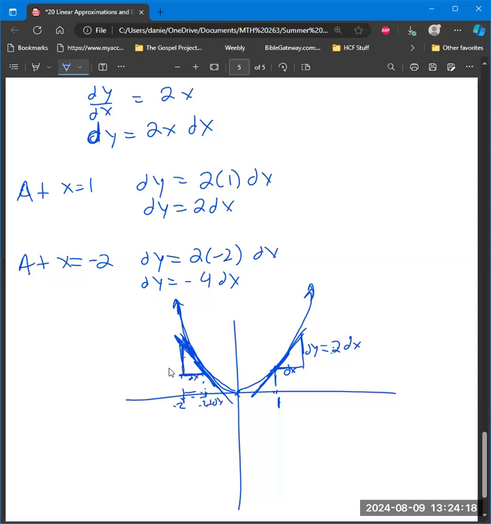And this side over here, dy, is equal to -4 dx. There it is.